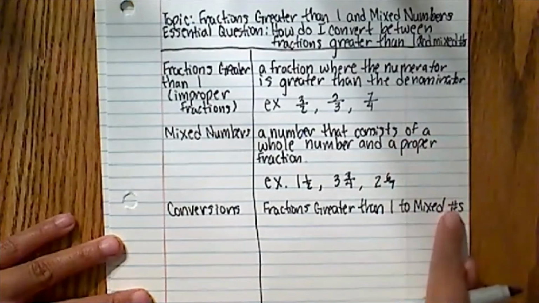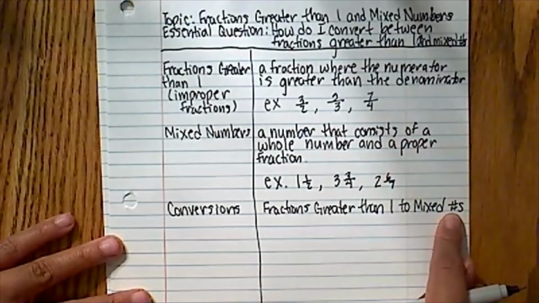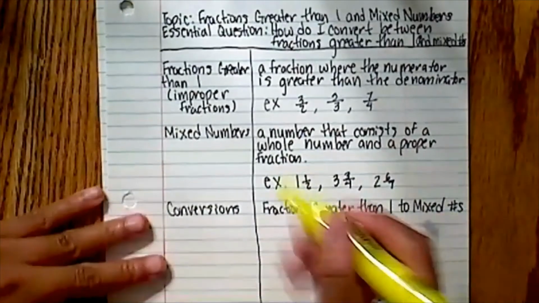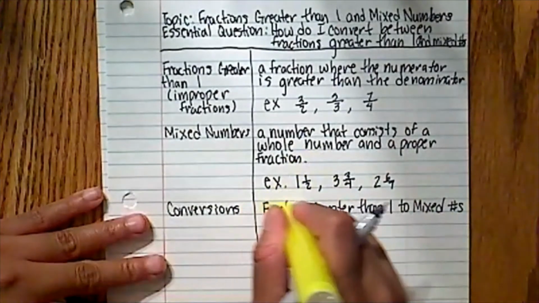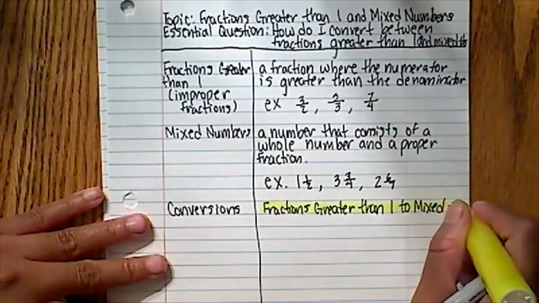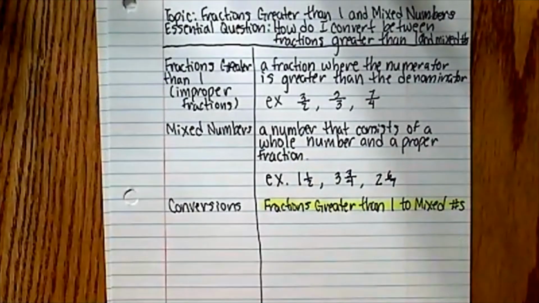Which, remember, this is not a hashtag. This is also a symbol that represents numbers. So this is our first conversion we're gonna go over, and I'm gonna break it down for you in 3 steps.